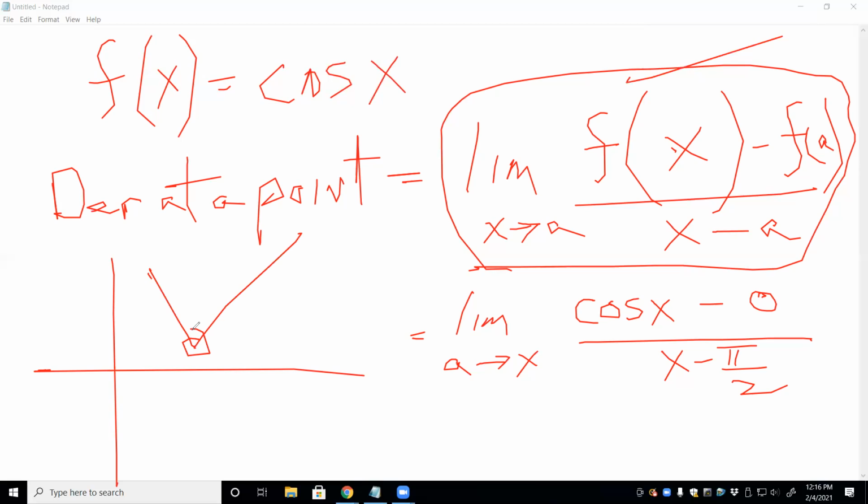I'm guessing 1. Undefined. You cannot take the derivative at a corner or a cusp. And the way you prove that that's undefined is by using this point.